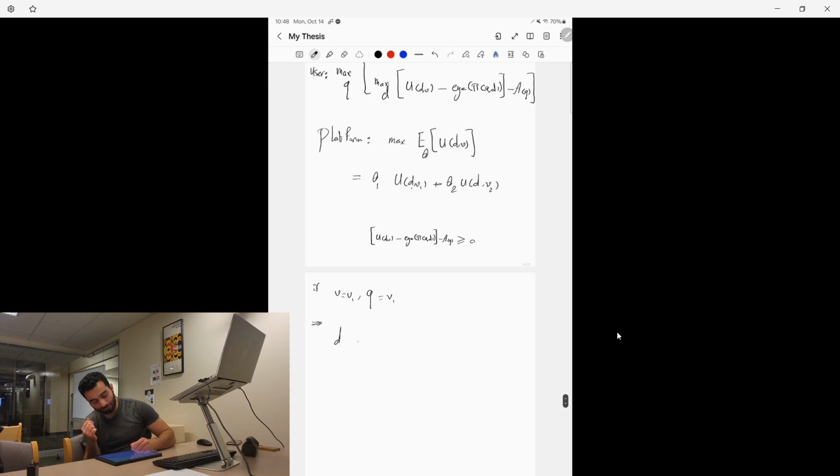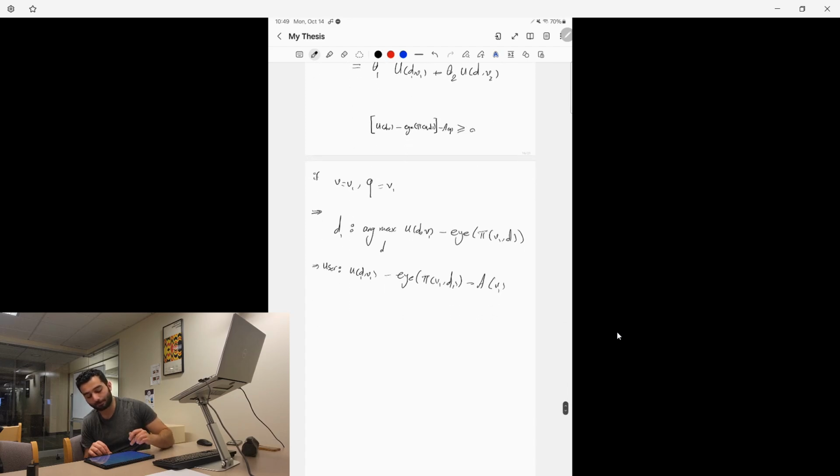Then D will be argmax of U of D, V1 minus eyeballing cost of pi of Q, which is V1, and D. And the user's net utility will be U of D, V1 minus eyeballing cost of pi V1 and D1, minus A of Q of V1. That's it.